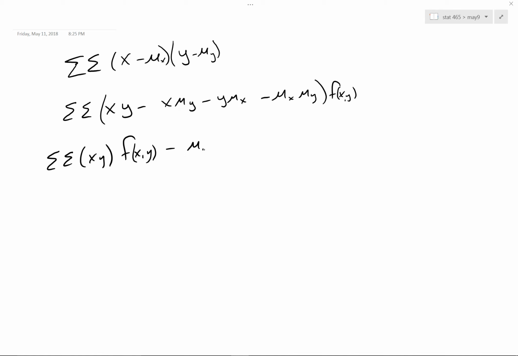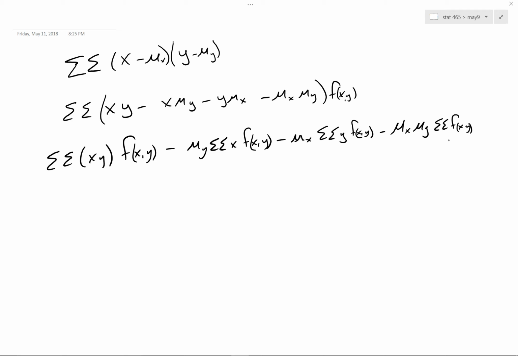Minus, and I'll pull the mu y out front because, with respect to x, it is a constant. With respect to x and y, to be quite honest with you. Minus, and then this is the same dealio. The mu x comes out front, rather, and then double summations of y, f of x and y. And then minus mu x, mu y, double sum f of x and y.